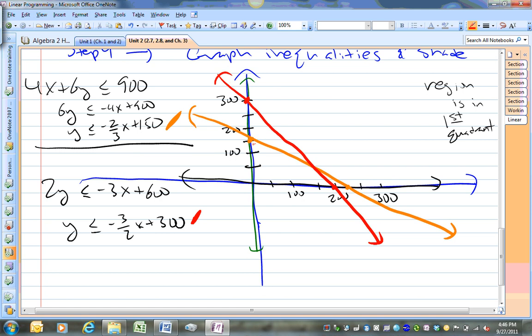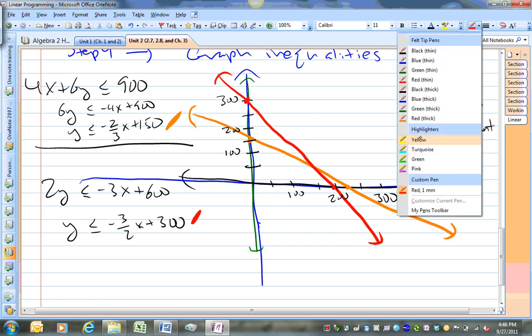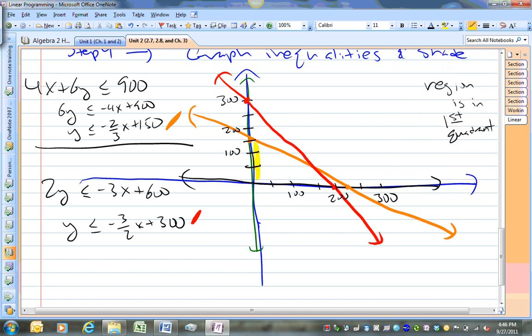So the shaded region is going to be, and actually I have to be really careful I don't erase too much. Perfect. Let's use the highlighter. So the shaded region is right here, because you've got to be beneath both lines, and x is greater than or equal to 0, which is to the right of the y-axis.